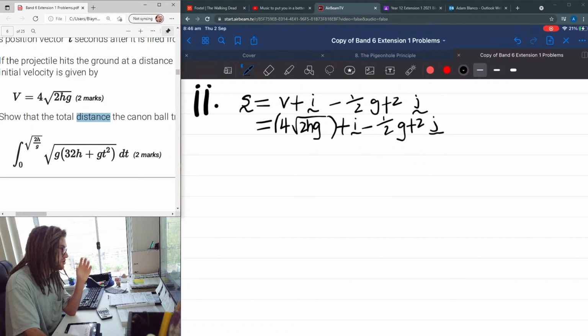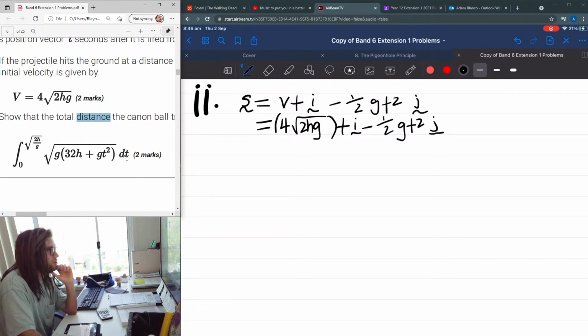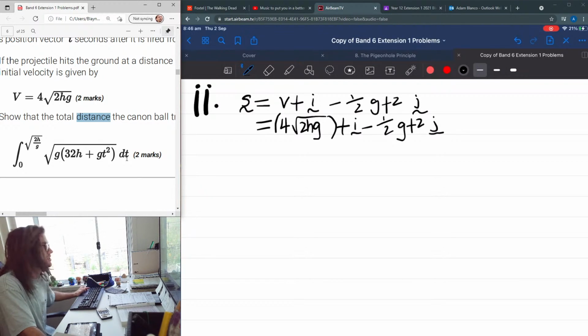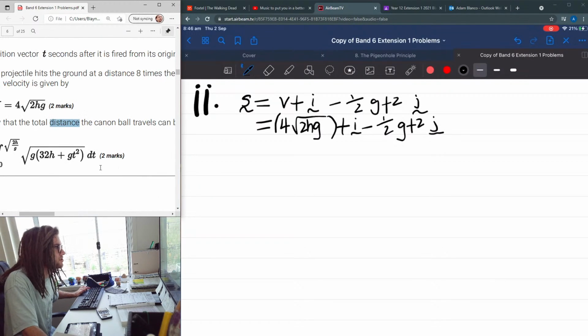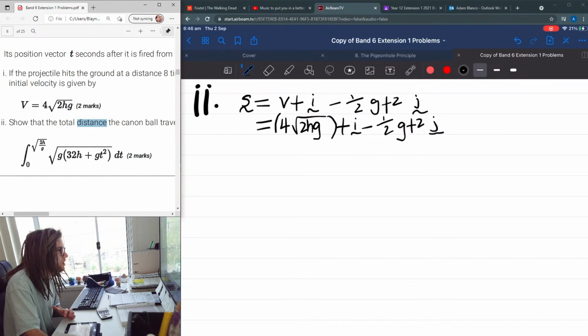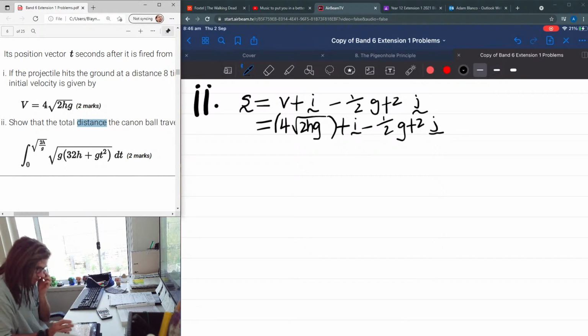And then if I integrated that with respect to time between the two values for time in my flight path, this is how I would get this. But I don't know why you'd be asked to do that. Like I said, this isn't like an HSC question or anything, so I think it's just a clever question that SmarterMaths has come up with. But yeah, we'll see what you think.